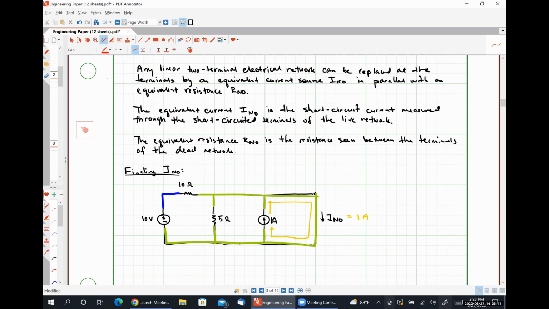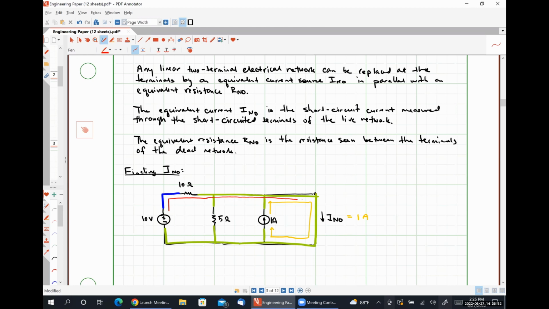we have some amount of current that's leaving the positive polarity terminal of the 10 volt source. It's going to flow through the 10 ohm resistor, and then it sees a path containing the 5 ohm resistor, the 1 amp source, and the short circuit.